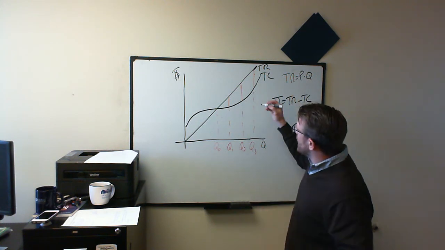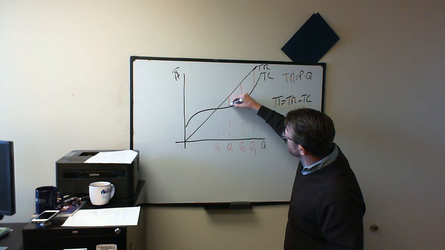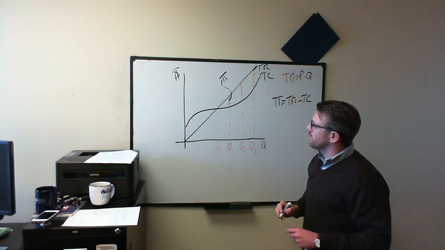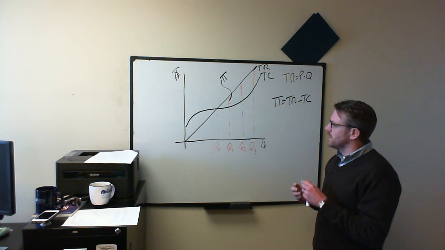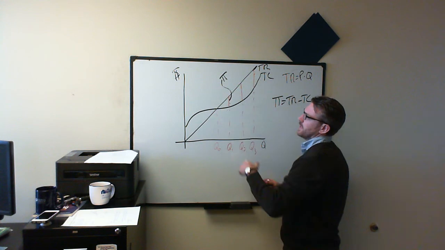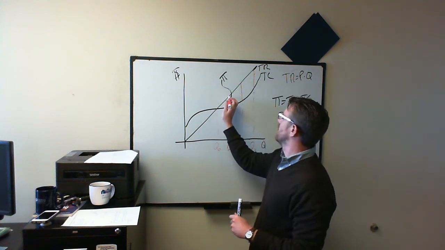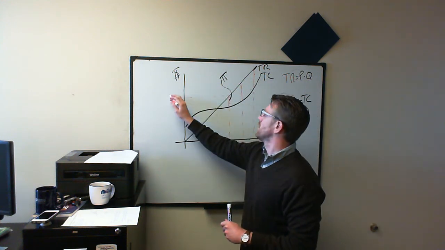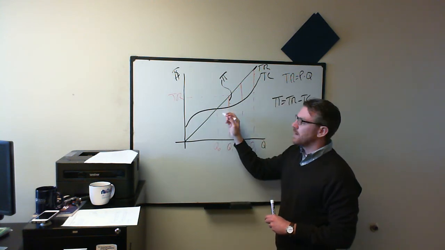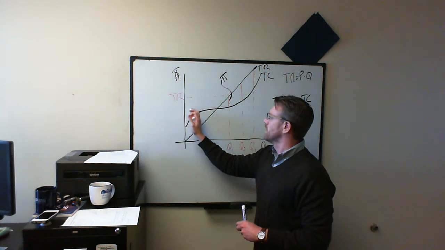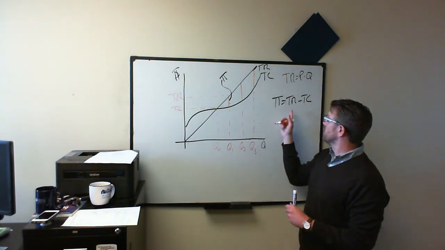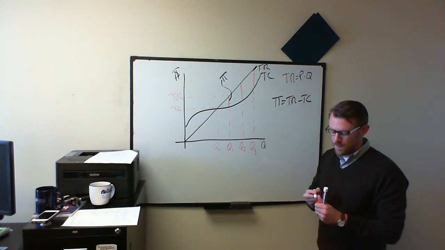If we look at this vertical distance that I've drawn in here, that represents profit, right? At the quantity of Q1, if we go up and hit the total revenue curve, that gives me total revenue. And if I use that quantity to bounce off my total cost curve, there's total cost. If we take the difference between those two, we get profit.